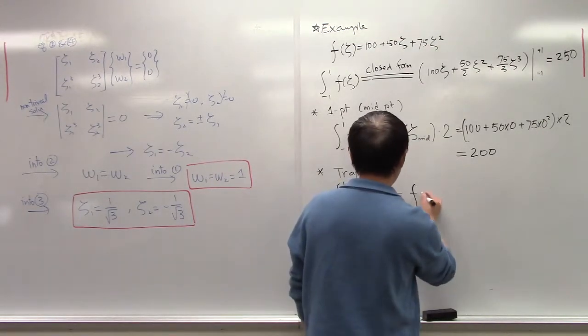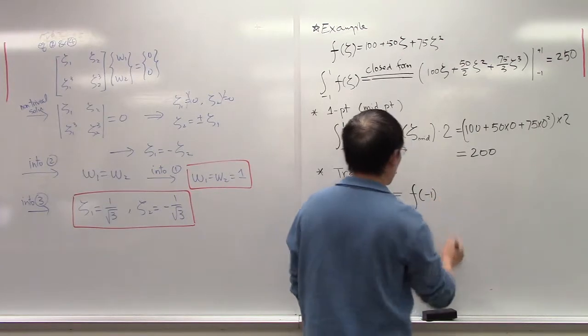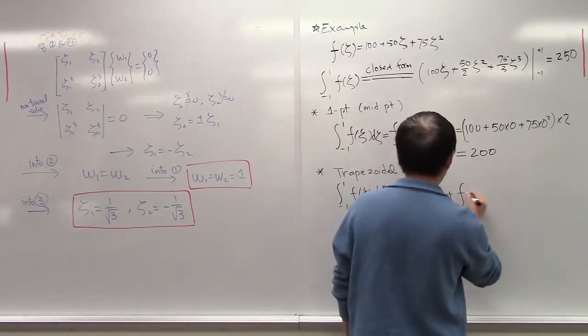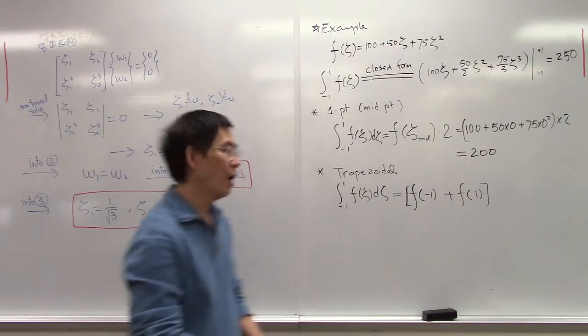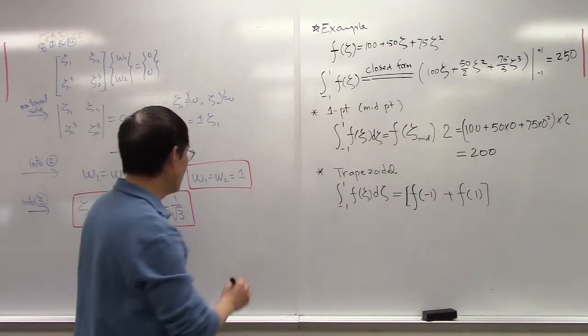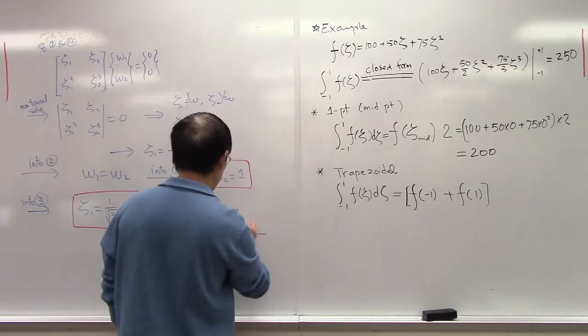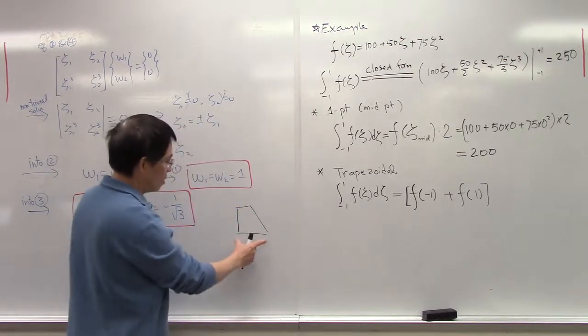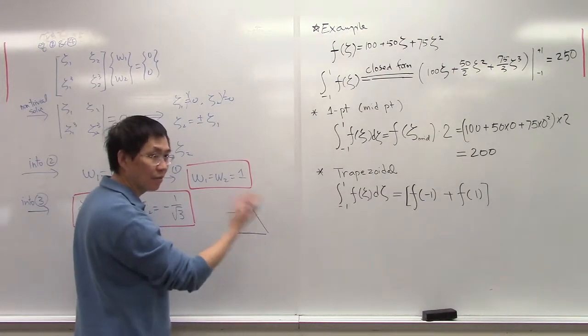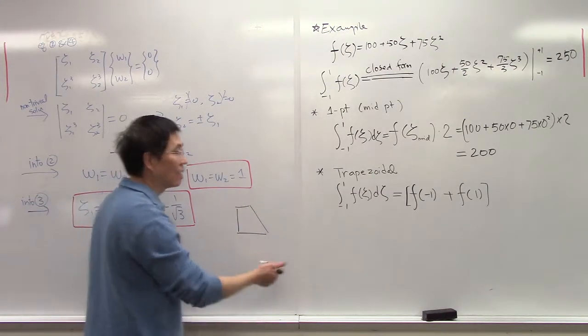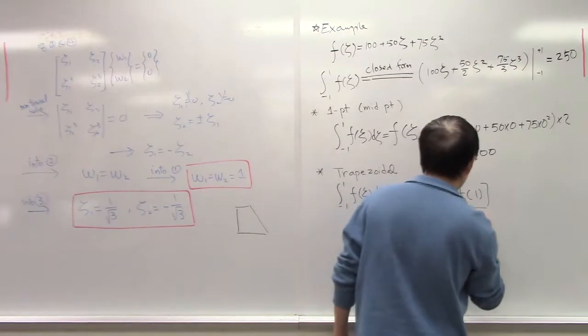So it's f at -1 plus f at +1, and the formula is this: if you have a trapezoid, you take the base and the top, add them together, divide by 2, and times the height. So this is divided by 2 times the height.